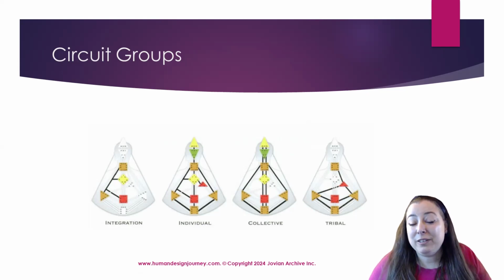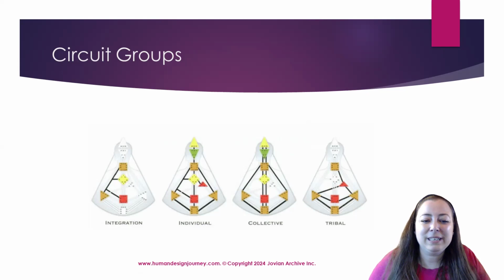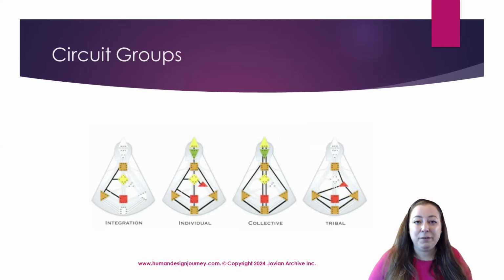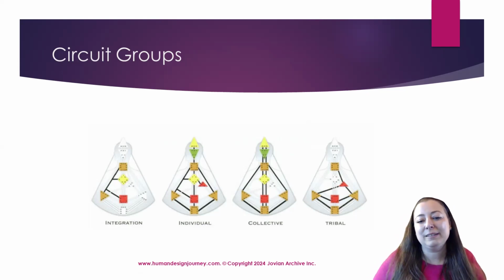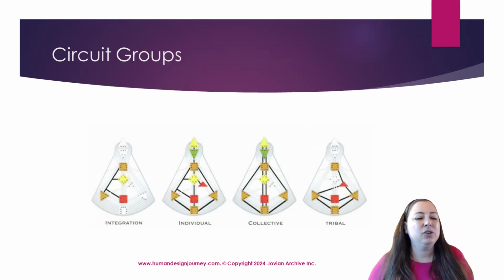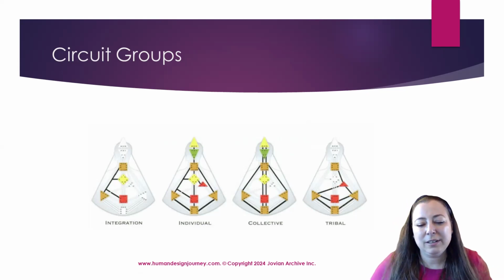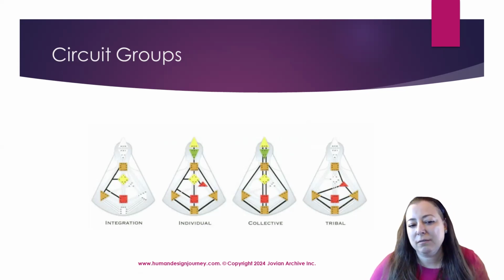And it gives you different flavors from integration, self-empowerment, or individual, the melancholy, the empowerment, collective sharing, tribal support. So you will have a combination of those different energies, those different channels and gates. Some people will have more individuality, others integration, or some will be more collective.